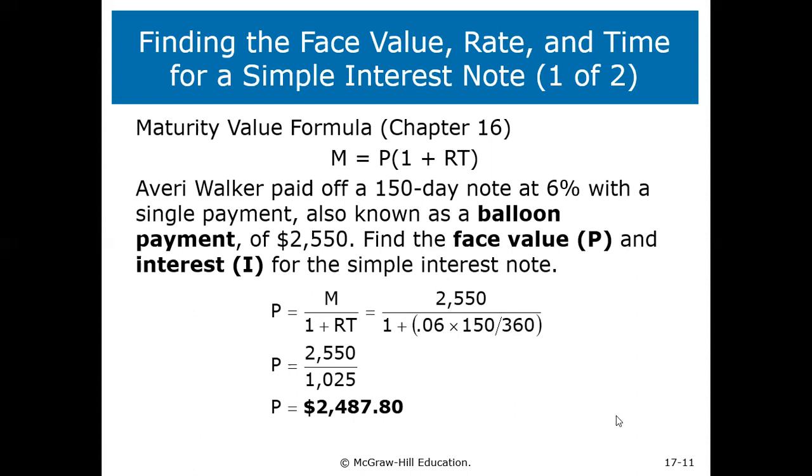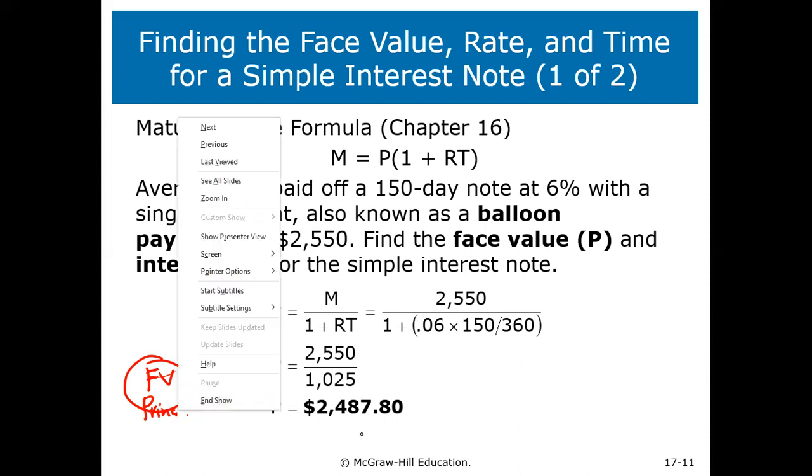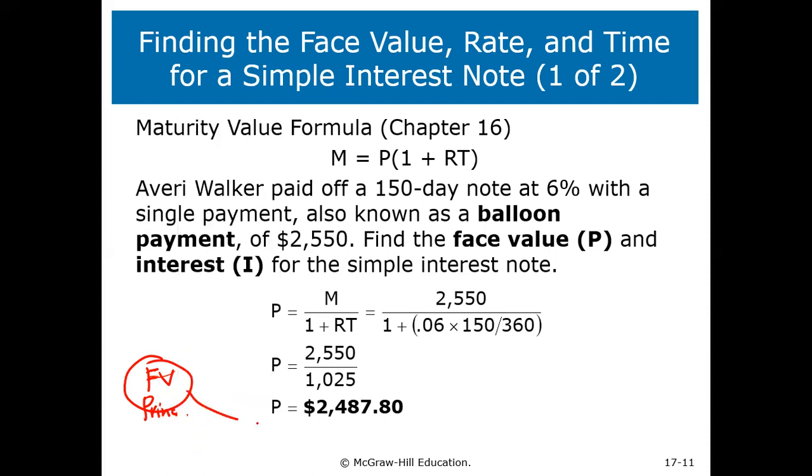What have we learned about the interest note, class? In the interest note, the face value is not the maturity value, right? So for an interest note, we borrow here, we get the face value or the principal, and then after, in this case, 150 days, we pay the maturity value, right?